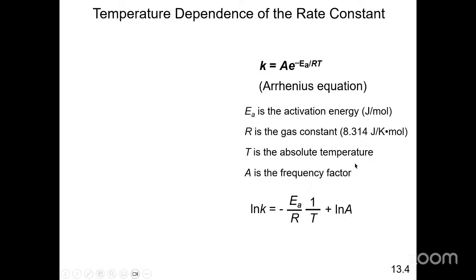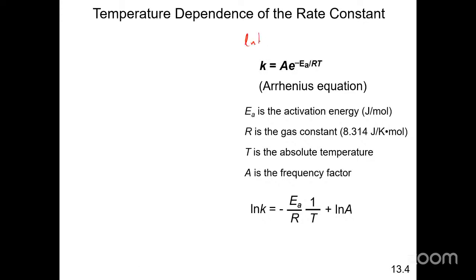Now, a more useful way of representing the same relationship is this equation here. This equation is just another way of stating the Arrhenius equation. And just to tell you how we get from here to here, we find the natural log of both sides. So you have to go back to what you learned in algebra, right? If you find the natural log of k, you're going to get ln k here. And the natural log of that, let me see if I can write it up here.